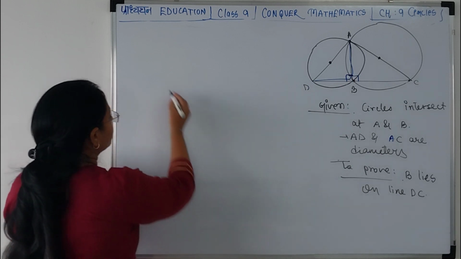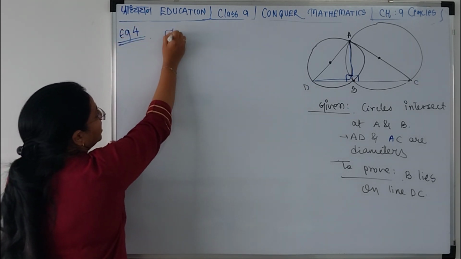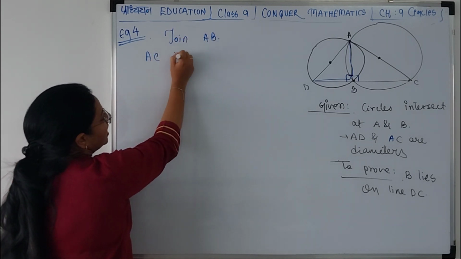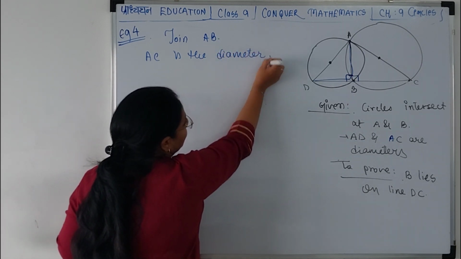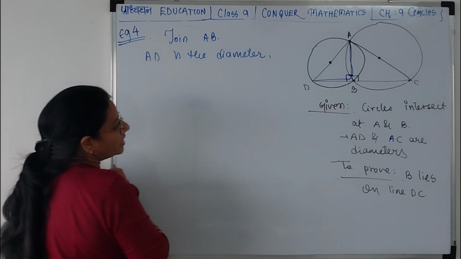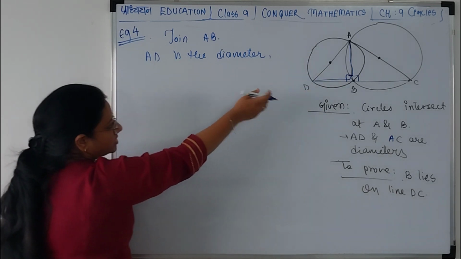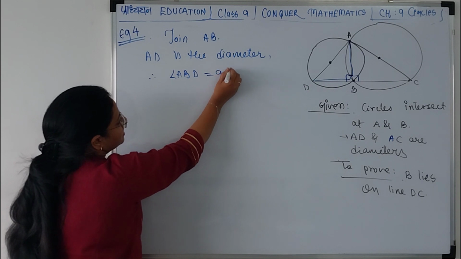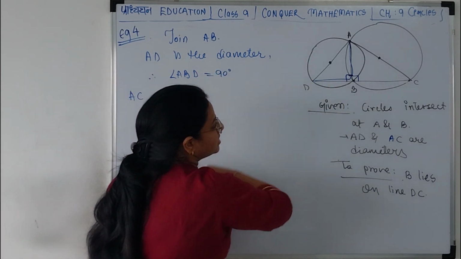Clear? Let's quickly write down. This is example number 4. You start with saying join AB. AD is the diameter of the circle, making angle ABD on the circle. Therefore, angle ABD is 90. Similarly, I can say AC is the diameter, making angle ABC on the circle.